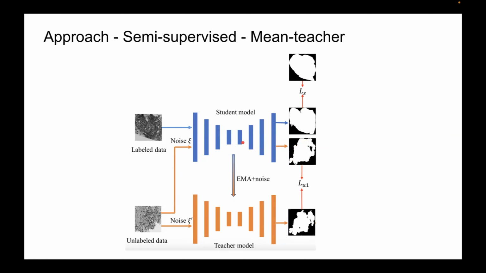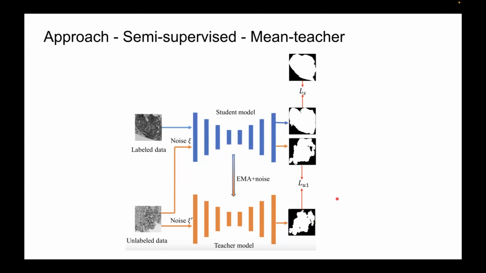We apply heavy data augmentation for the data which is going to pass through the student model. And there we apply two different losses: one supervised and one unsupervised. The supervised loss is calculated on the labeled set, and the unsupervised loss is a consistency loss between the outputs of the two models.